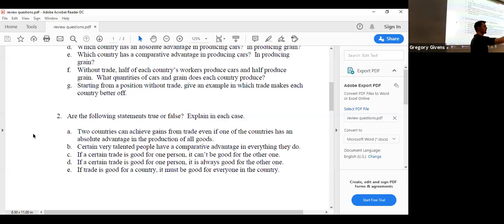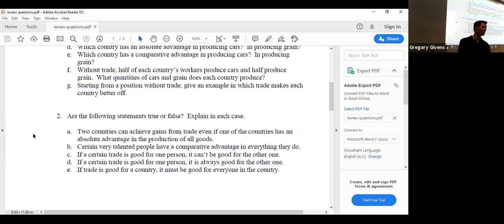Yeah, so if a trade benefits one person, it can very well benefit another trading partner as well, right? The whole purpose of trade is to specialize so that both trading partners can mutually benefit from the exchange.